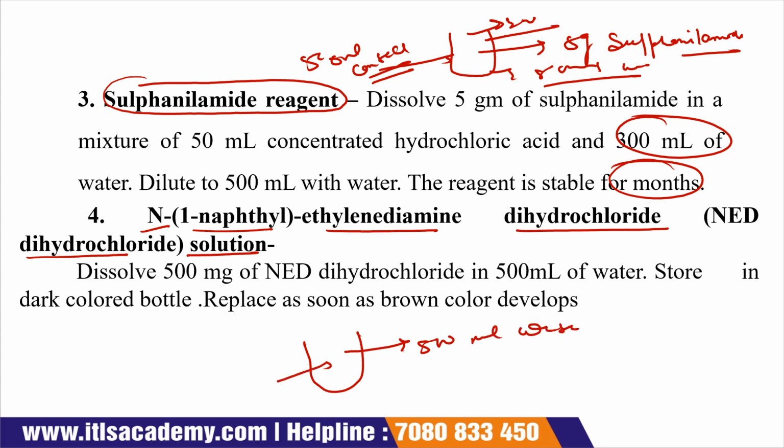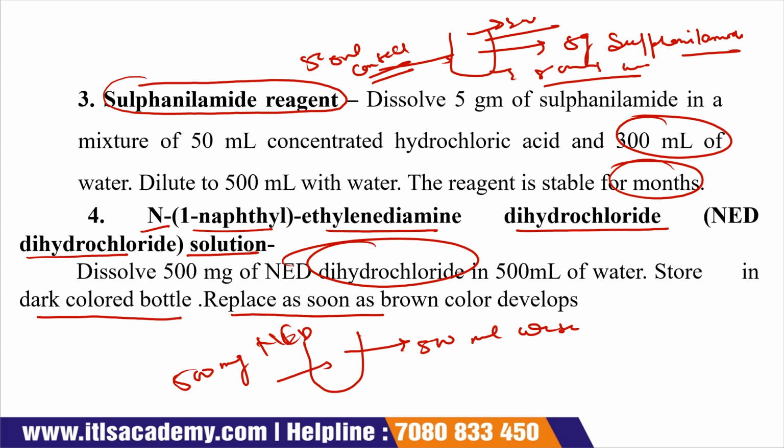Into it we add 500 milligram of NED dihydrochloride. Then it should be stored in a dark colored bottle and replaced as soon as a brown color develops. We put this solution into a dark colored bottle, and when a brown color develops, we discard the solution.